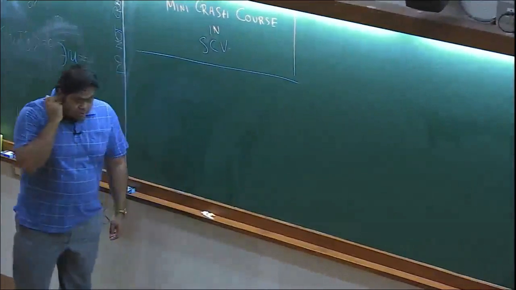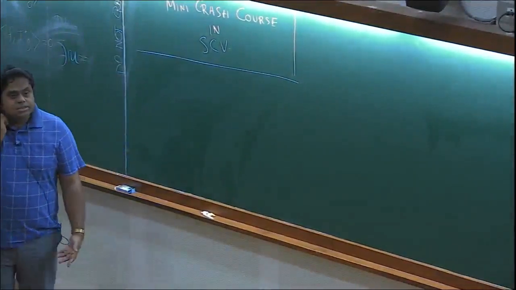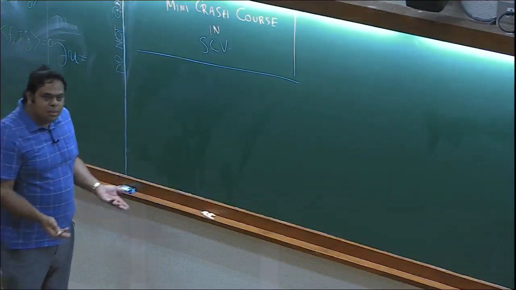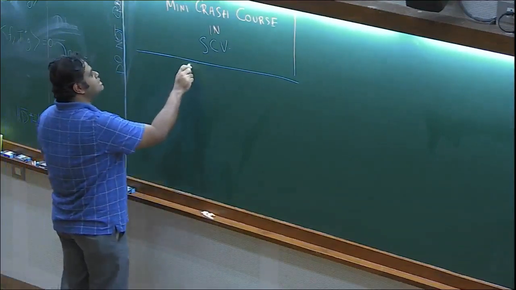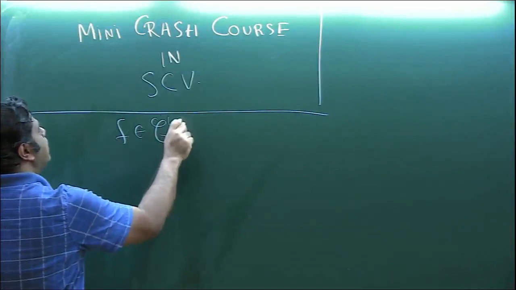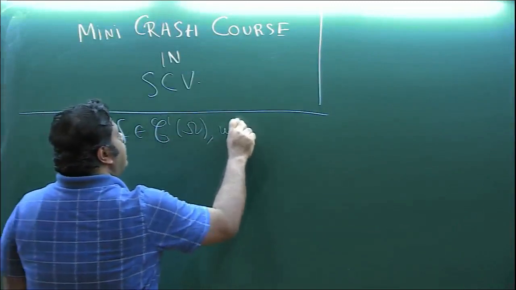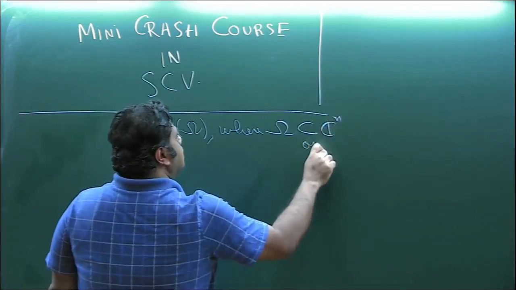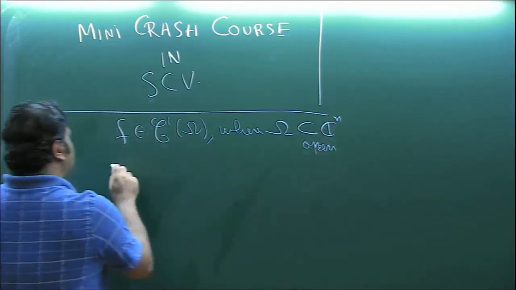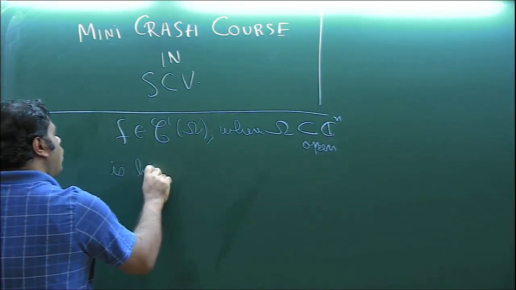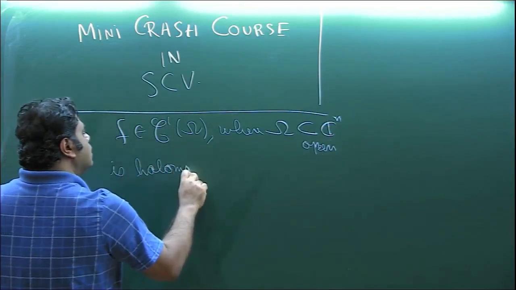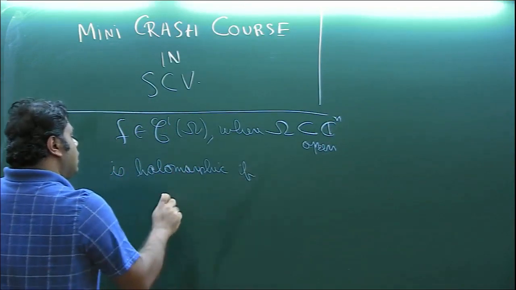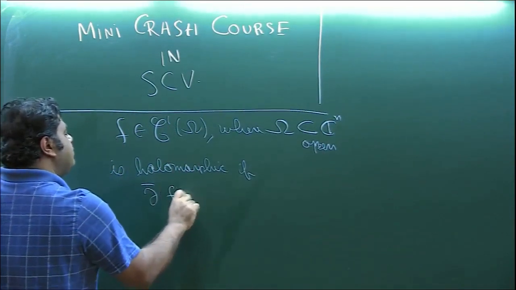As in the case of one variable, in several variables holomorphic functions can be defined in many different ways, but there is a natural way for us. So we'll say that a function f in C^1(Ω), where Ω is some open set in C^n, is holomorphic if ∂̄f is equal to 0.